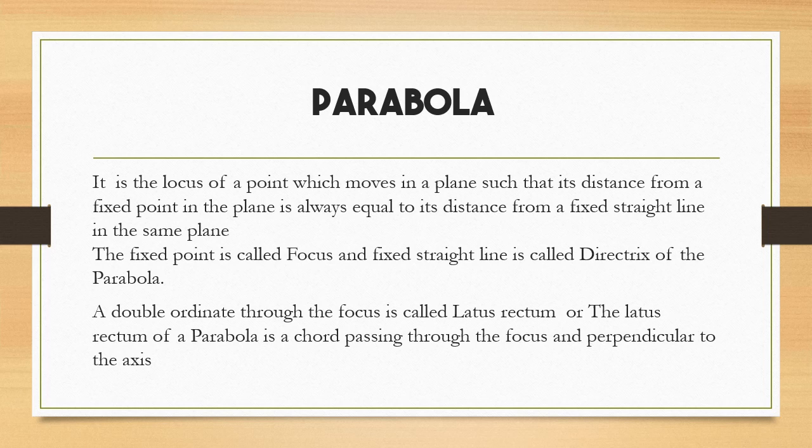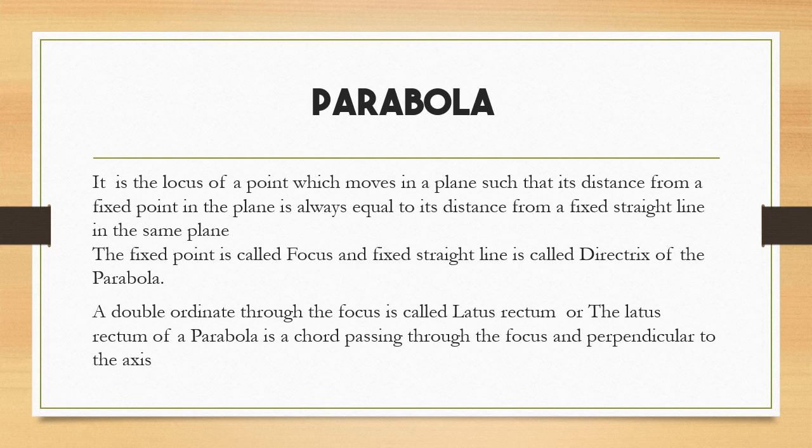Means if you take any point on the parabola, the distance from that point to the fixed point is always equal to the distance from that point to some fixed line. Therefore, it is called a parabola.